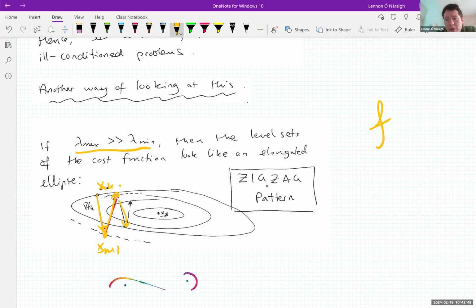So each time you're doing this kind of zigzag pattern, and you're zigzagging towards the minimizer instead of going directly to the minimizer. If you go directly to the minimizer, you take very few steps. If you do the zigzag, it takes very many steps. So it's in this kind of example that the steepest descent method gives very poor convergence. And that is enough for today.